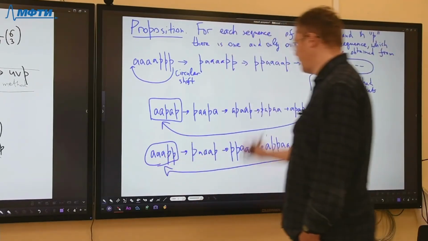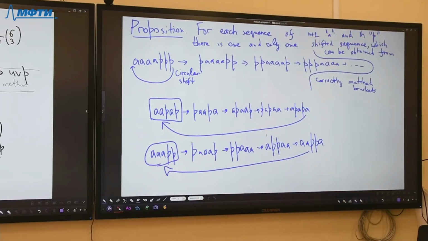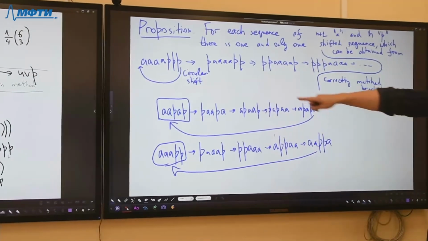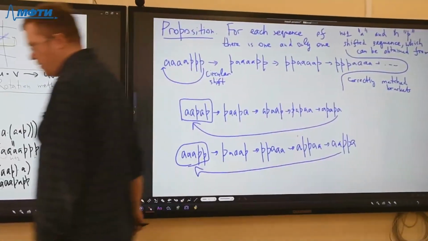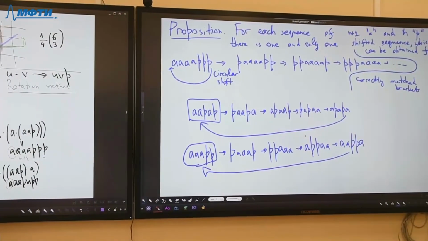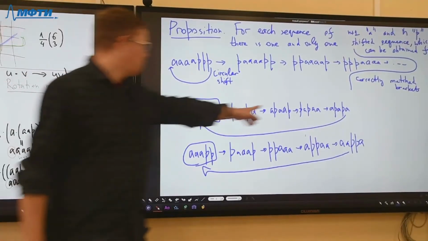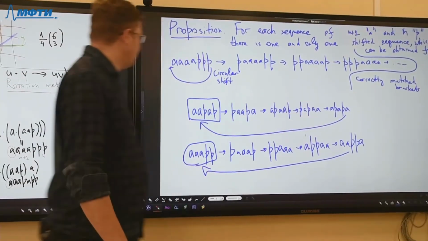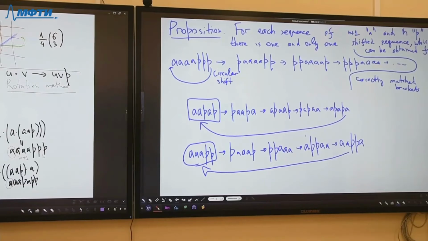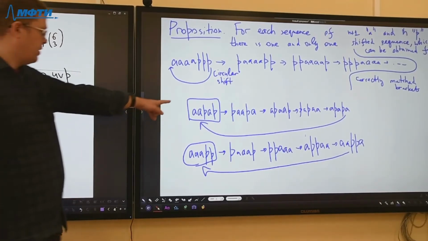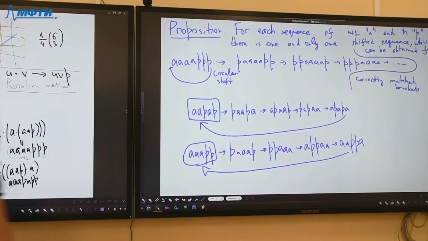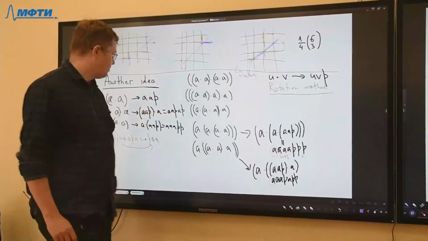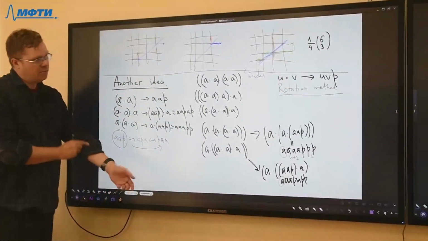So I have exactly 10 possible ways of choosing 3 A's and 2 P's, and in group theory each of these is called an orbit. In each orbit under the rotations, I will have exactly one element that corresponds to correctly matched pairs of brackets.